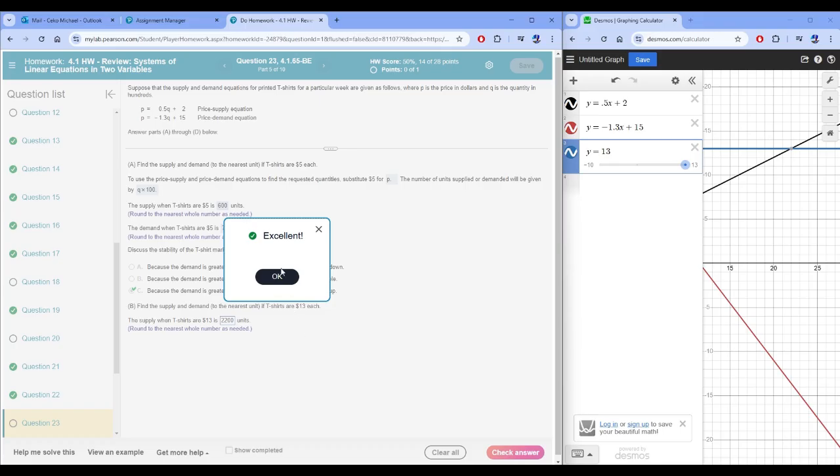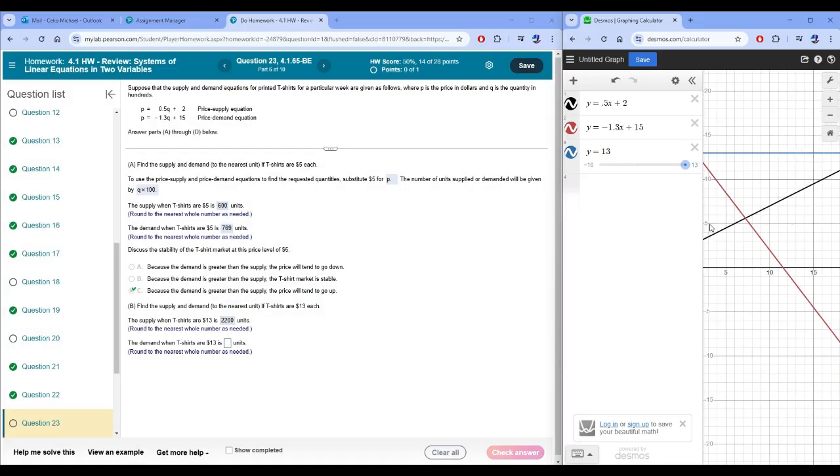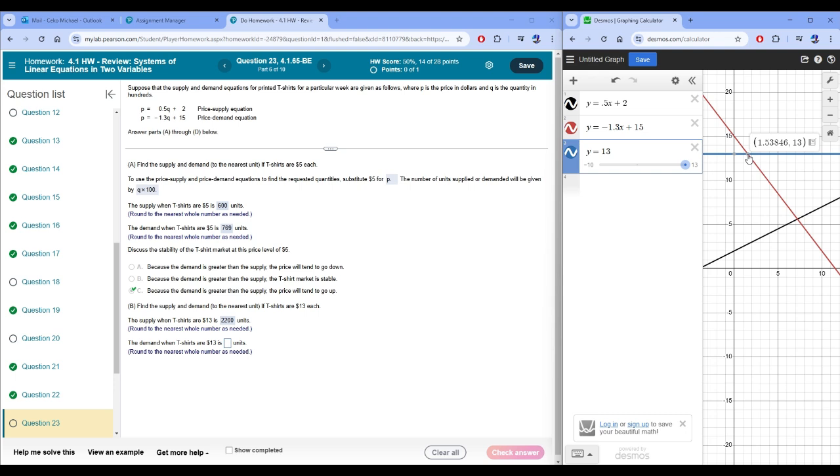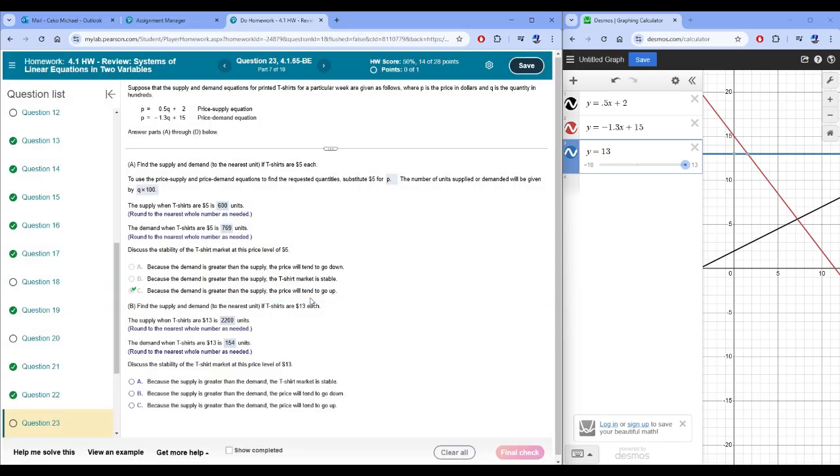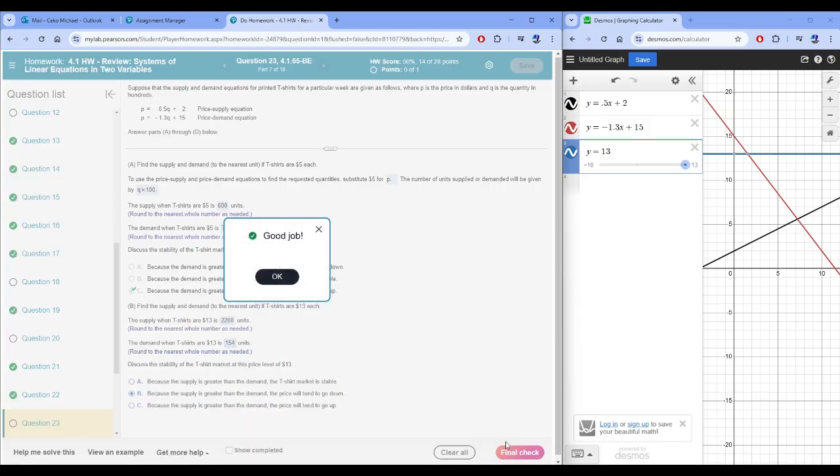There we go. Wrong equation. What would the demand be? The demand would be 153. 154. Cool. Because the supply is more than demand, you would drop the price. Supply is greater than demand, so the price will tend to go down.